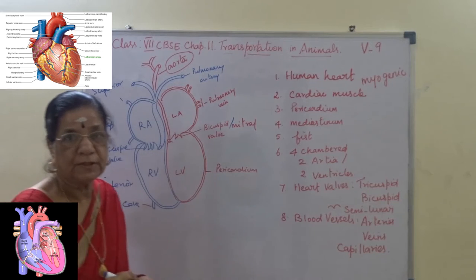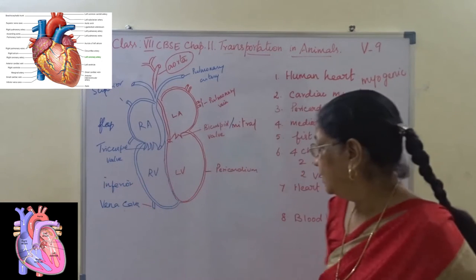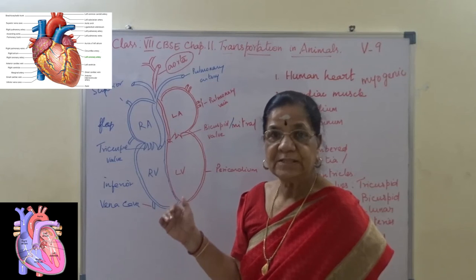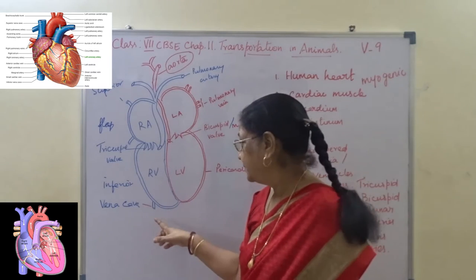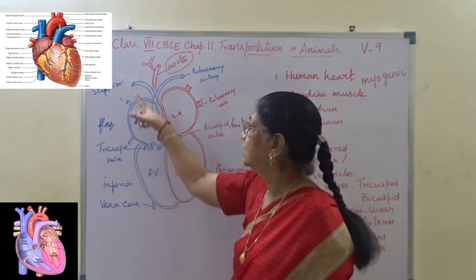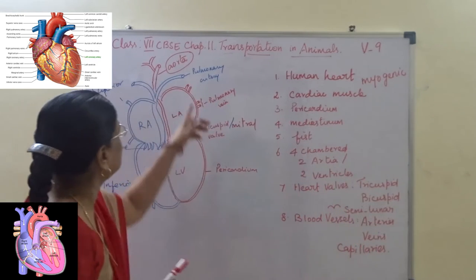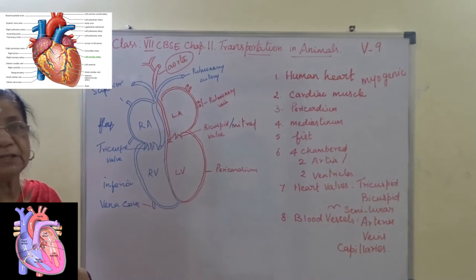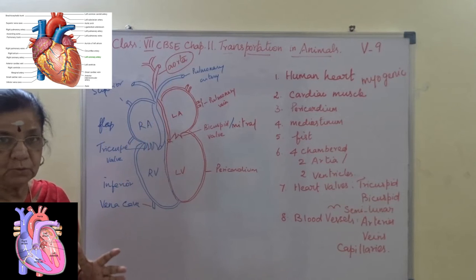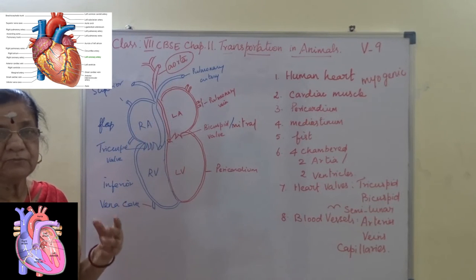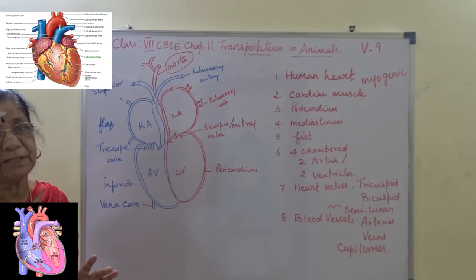I hope you are following. So the blood vessels: first the vena cava as inferior vena cava and superior vena cava, and the aorta, the major blood vessel. Okay.